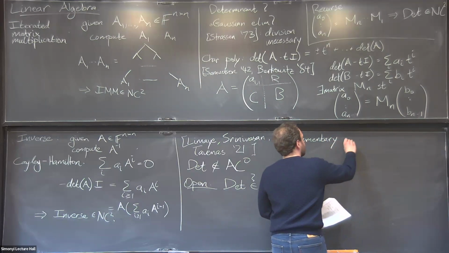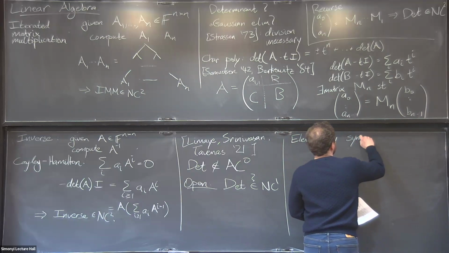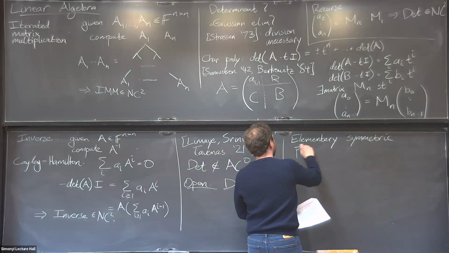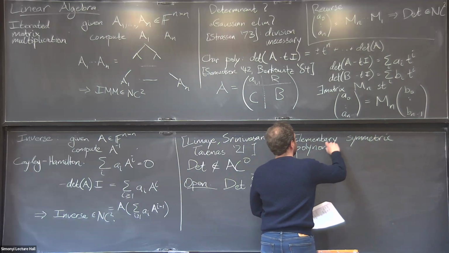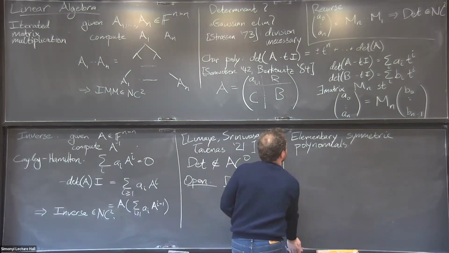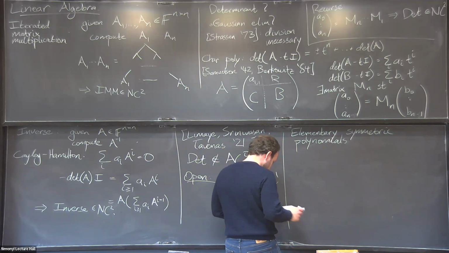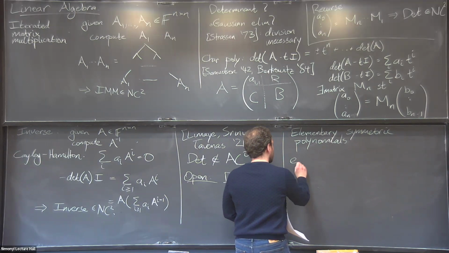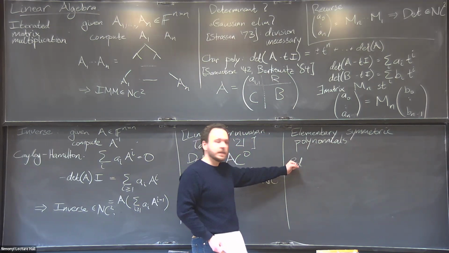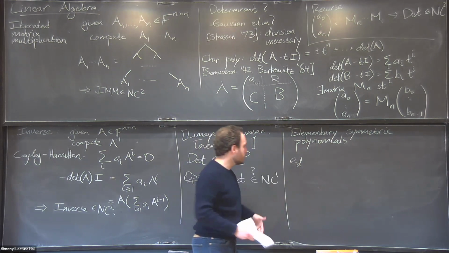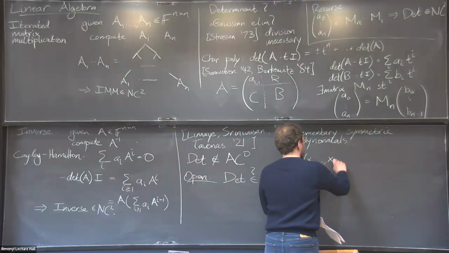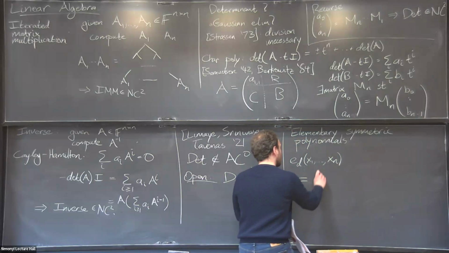The first thing I want to tell you about are these polynomials called the elementary symmetric polynomials. And these are going to be one of the stars of the show today. So it's worth spending some time on them. This is going to be a polynomial of degree D, and its name is E for elementary symmetric. It's an N-variate polynomial, and what is it?